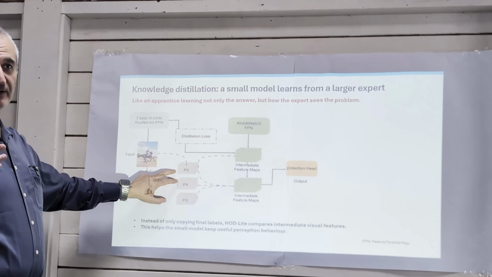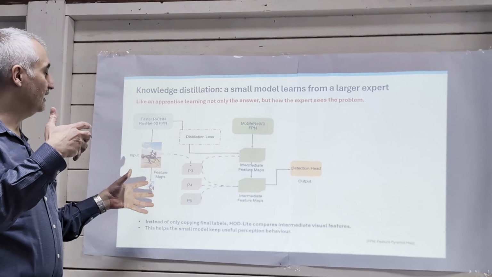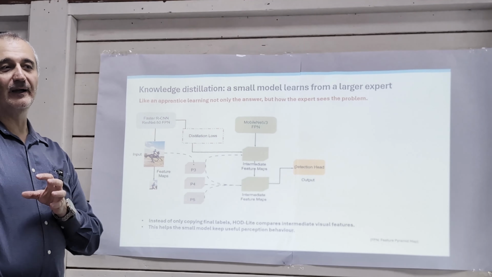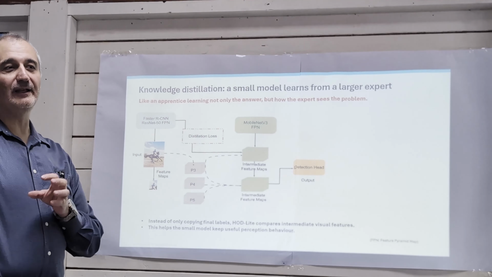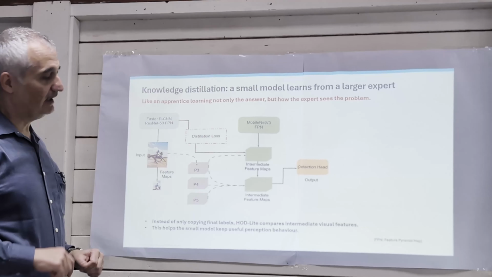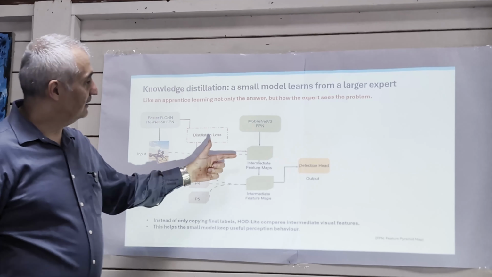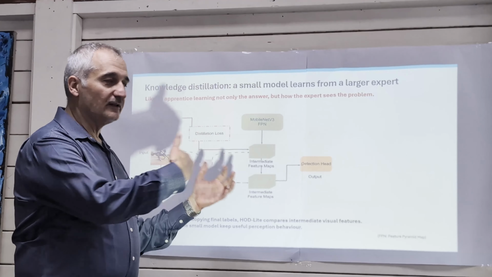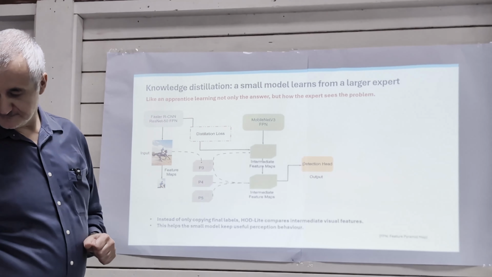So low resolution, medium resolution, higher resolution, because the imaging system doesn't really know the scale. You could be far away, you could be close by. So it's not just one feature. It will pick up on all those at different levels. And then it will look at intermediate maps and decide which ones to retain.